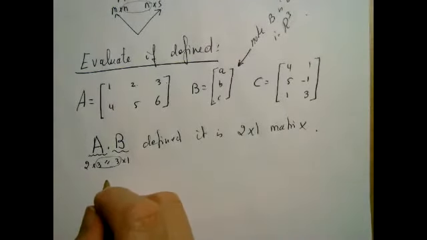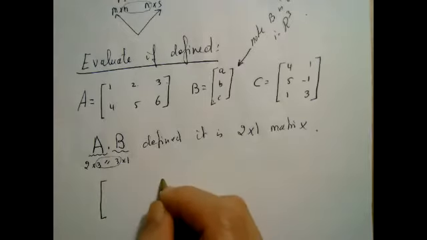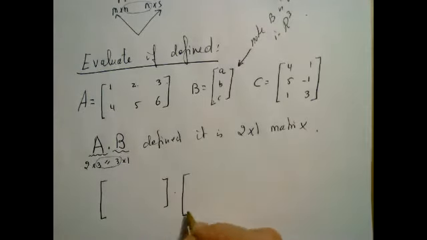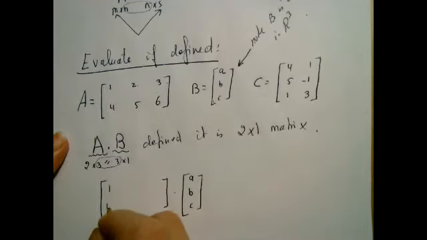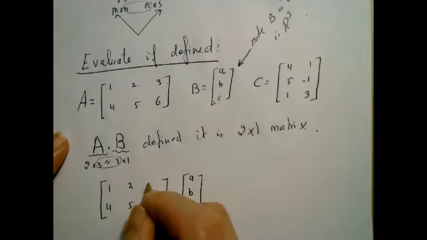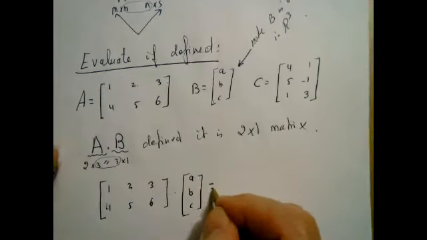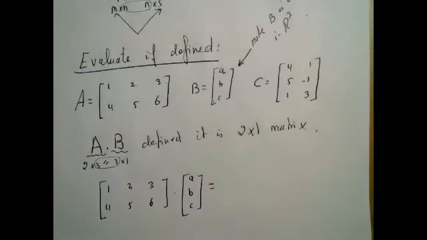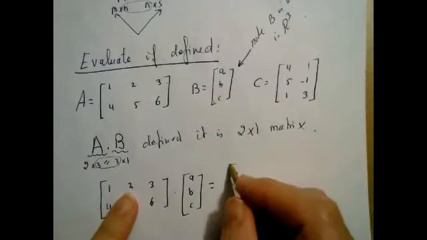So now evaluate if defined. Let us multiply them. It's like a matrix times a vector, which we actually know how to do. This definitely coincides with the row-column definition of a matrix and a vector.